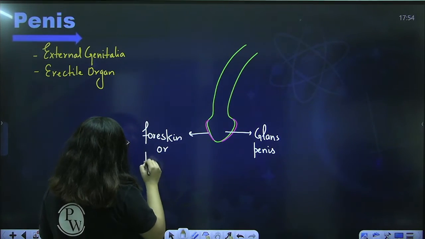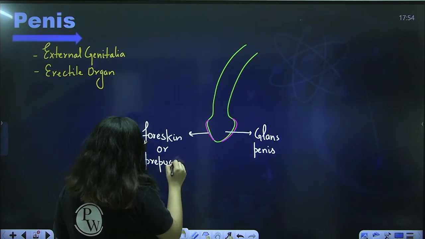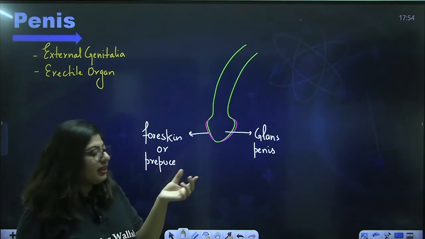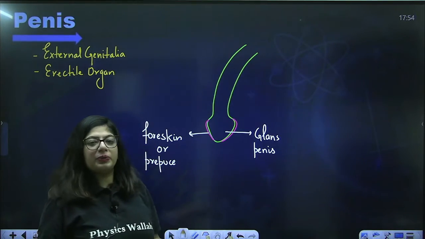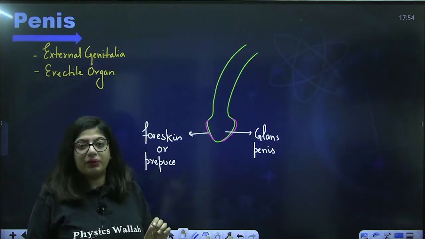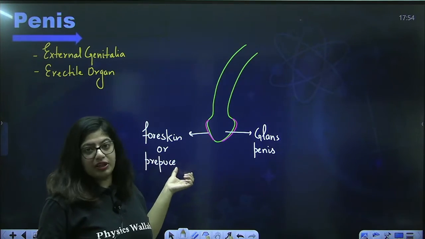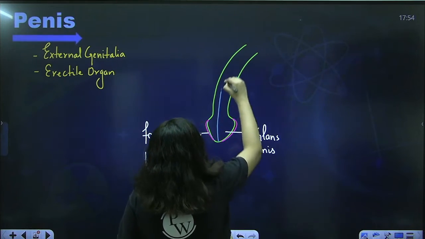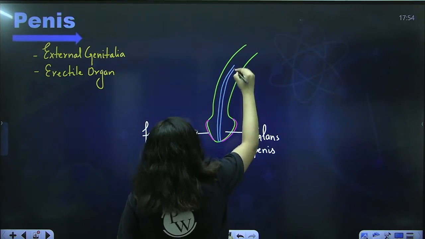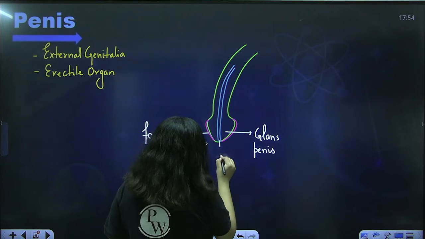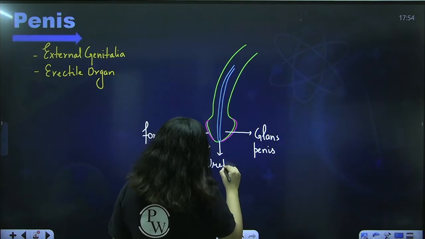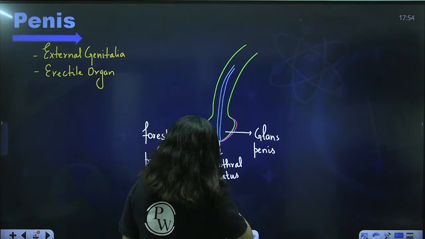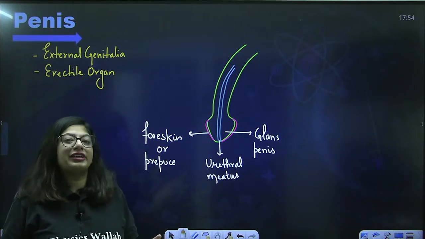If someone asks you what is that fold of skin that covers the glans penis, which is an extended part of the penis, what do you call it? Foreskin or prepuce. And you also know the urethra passes through the penis. Yes. So, the penis has an opening known as the urethral meatus. Fine. Meatus always means opening, right?